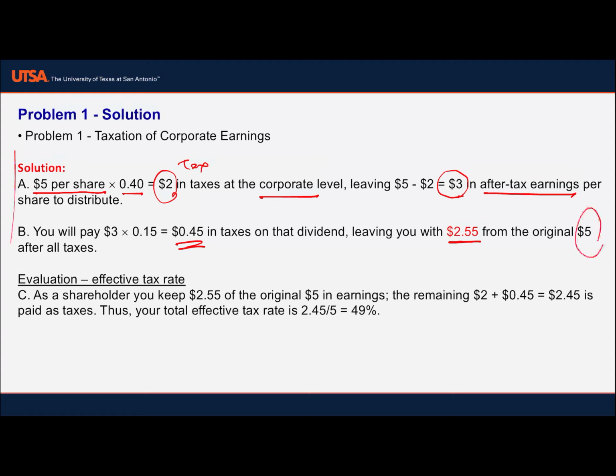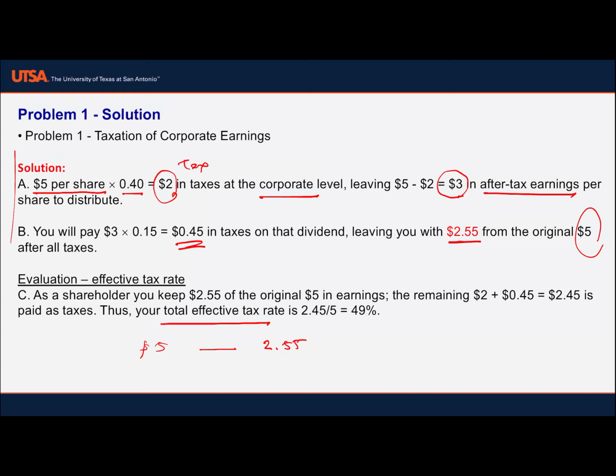Now we calculate the total effective tax rate. The original income is $5.